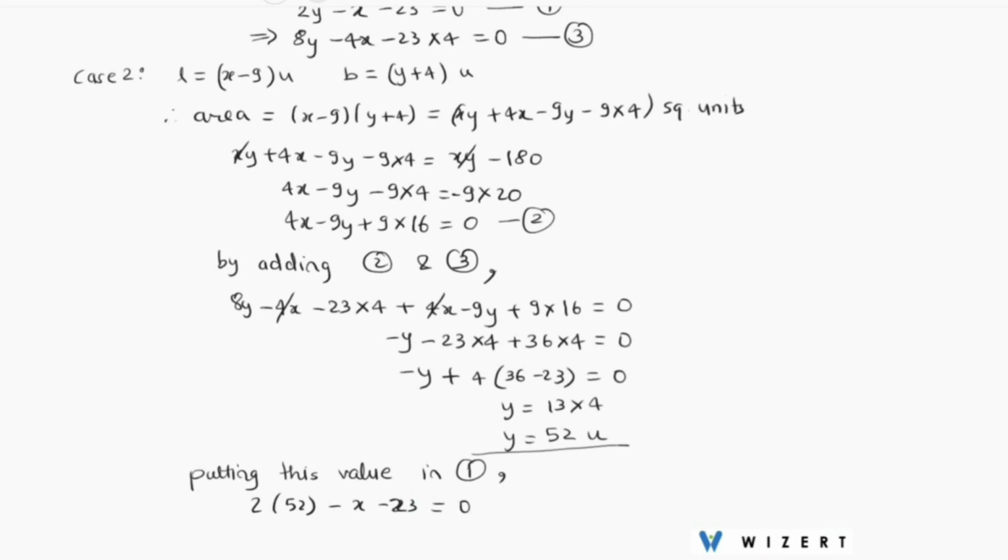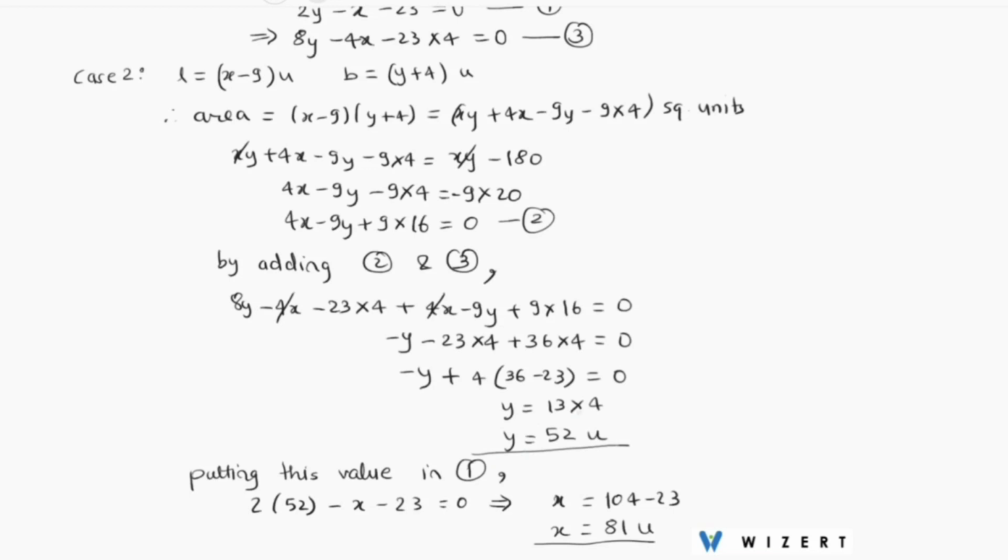So this gives x equal to 2 into 52 minus 23. 2 into 52 is 104, minus 23 is 81. So we get the value of x as 81 units.